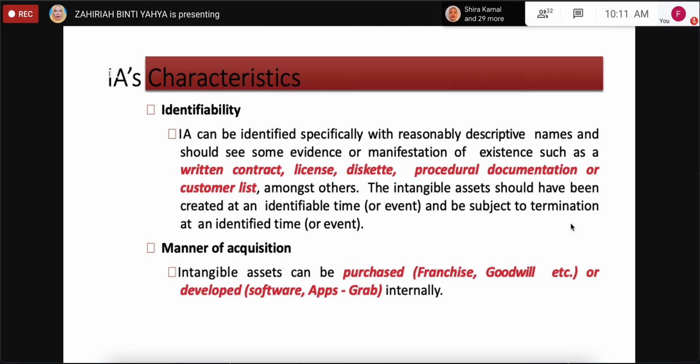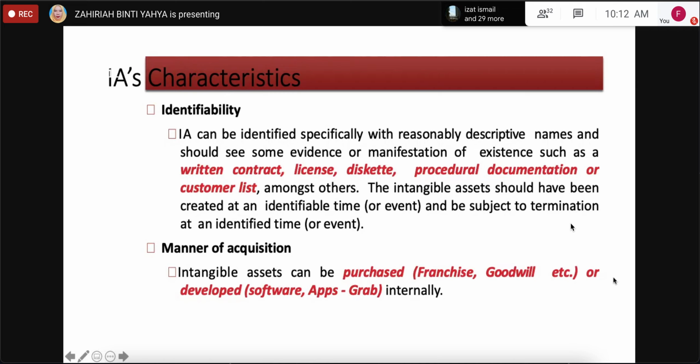Okay. Goodwill pun dia purchase. Katalah ada satu kedai tu, dia ada list of customer yang loyal. Bila you beli the physical property, you beli juga sekali dengan goodwill dia. So you kena bayar dua kali lah. Satu you beli physical asset, satu you beli goodwill.